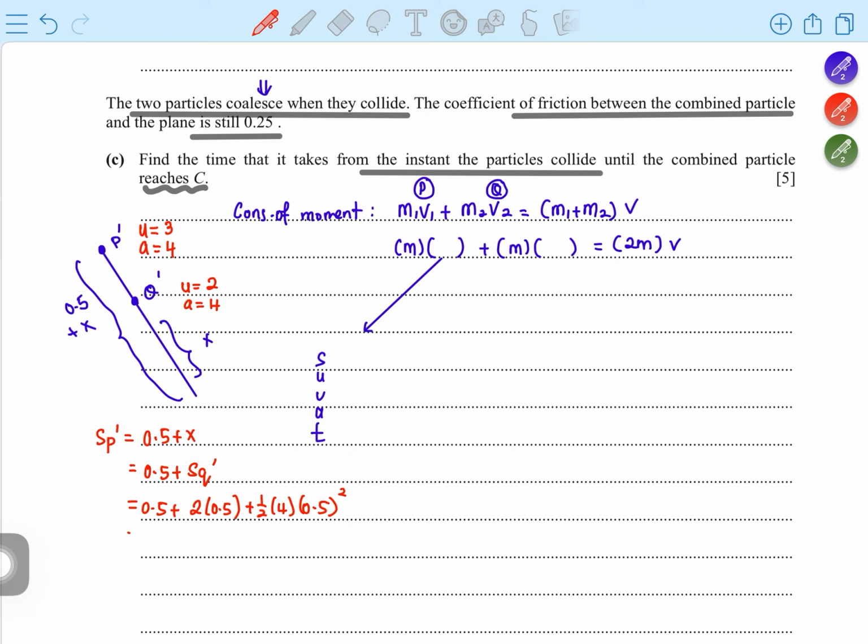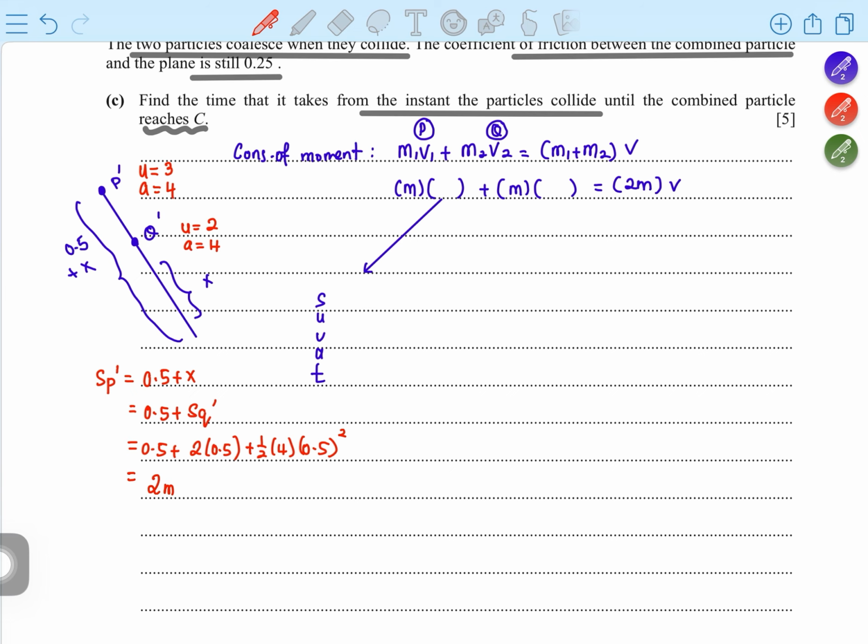So when we solve this, what are we getting? 0.5 plus half times 4 times 0.5 squared. So can you see you are actually getting 2 meters. So if the distance traveled by P prime is 2, I know that the distance traveled by Q prime is going to be 1.5 meters.